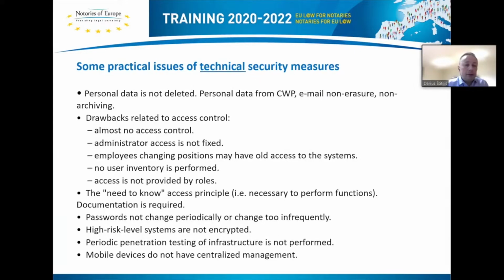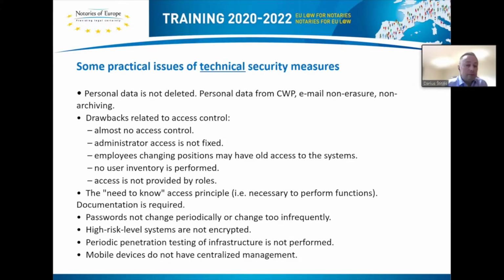And some practical issues with technical measures. Of course, usually technical people are responsible for those measures, but let's look at the list. For example, personal data is not deleted after the term for processing ends. Drawbacks related to access control: almost no access control, or administrator access is not fixed.